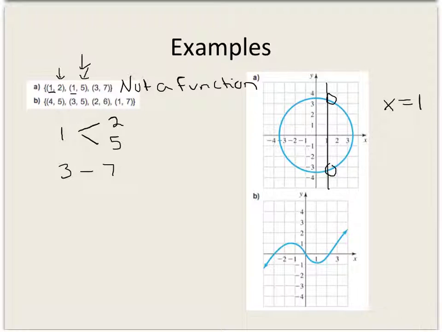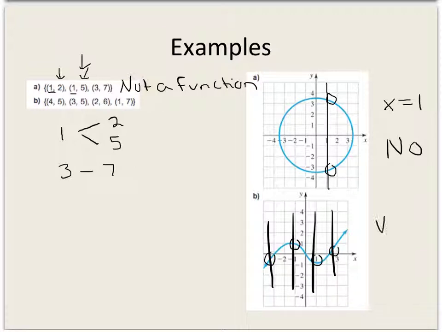Y equals 3 point something and y equals negative 3 point something. So this is not a function. If you can draw a vertical line and it touches twice, you don't have a function. Whereas in B, anywhere you draw a vertical line, it only touches one time each, so this is a function.